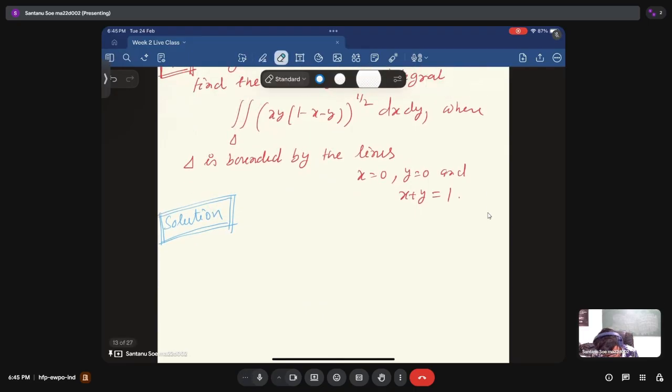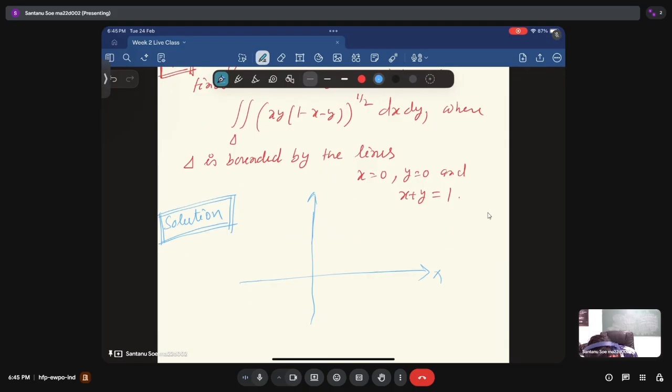This is gonna be a triangle. This is the line y equals to 0, this is the line x equals to 0, and this is the line x plus y equals to 1. These are the intercepting points, 1 comma 0 and 0 comma 1.